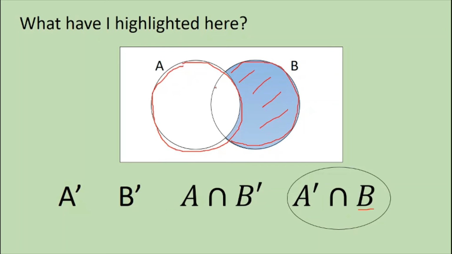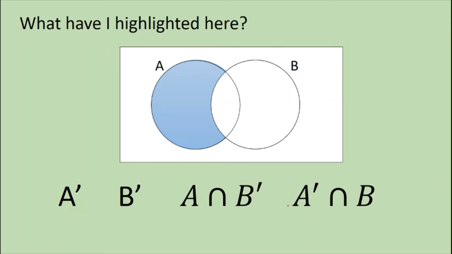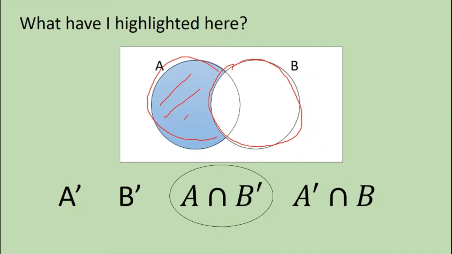So not A, but also it has to be a part of B. So you should be able to guess this one. Okay, so this one is A and not B, because I don't want anything in the B circle, so it can't be here, but it also has to be in the A, so I'm interested in that bit.